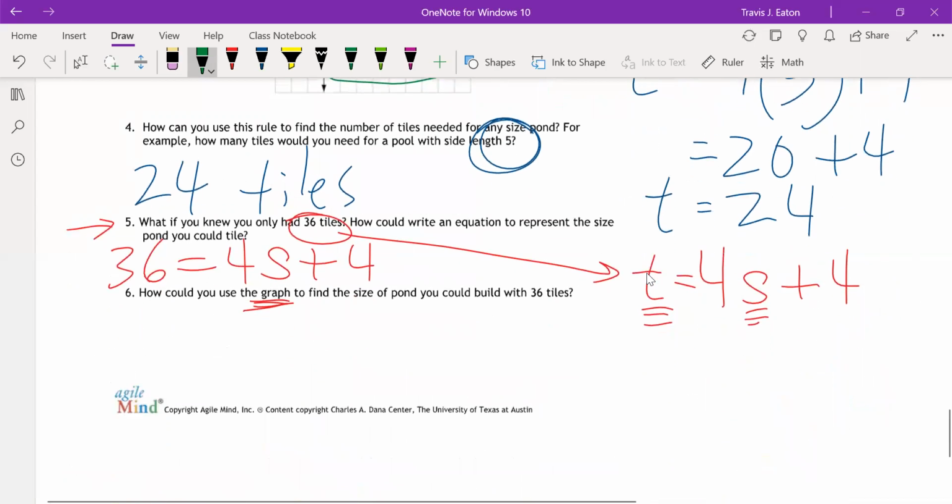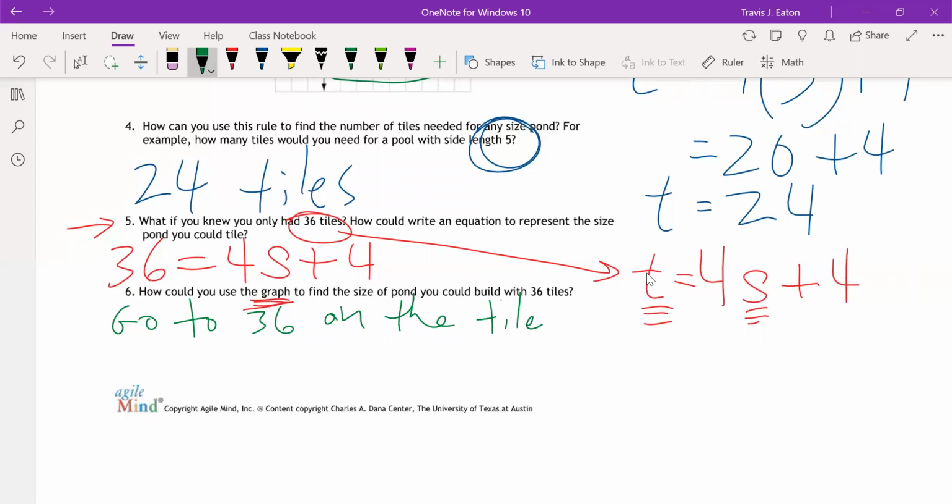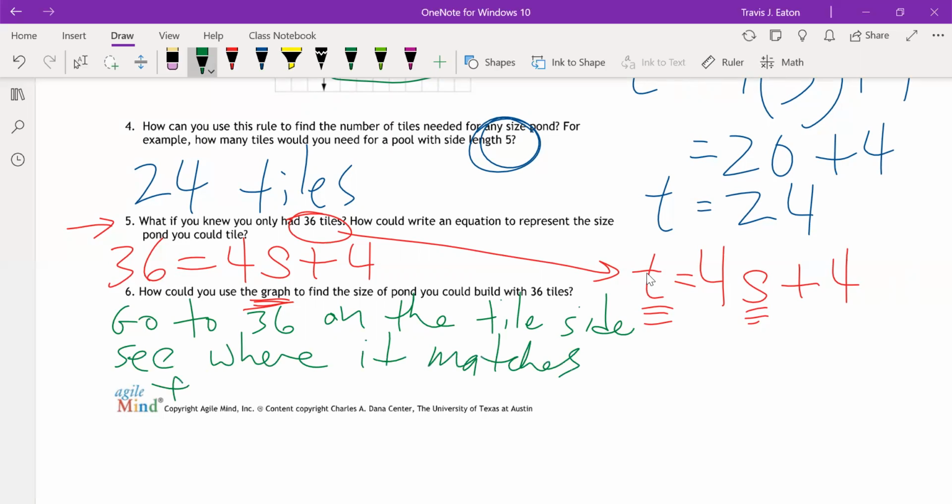So how can we use that graph to find the size of the pond? We'd have to go to 36 on the tile side, and see where it matches the number on the side length.